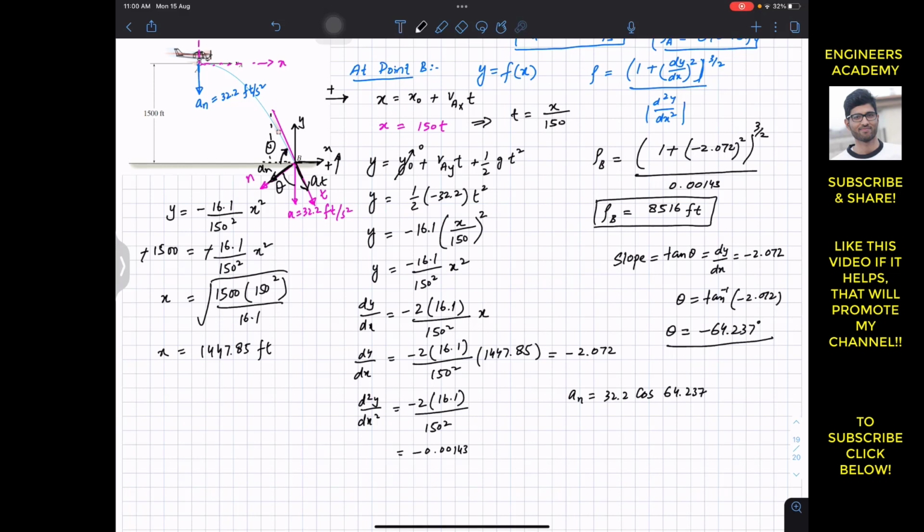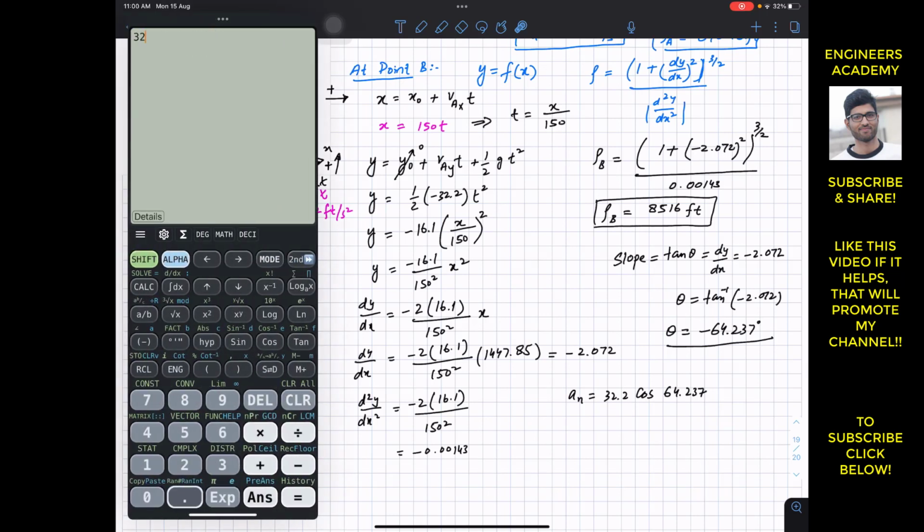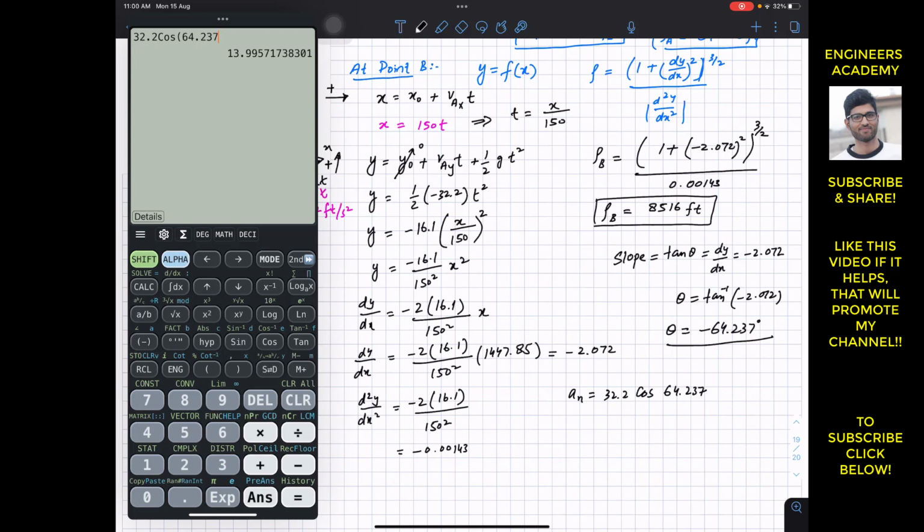64.237. Remember that the negative sign with the angles only tells us the sense of the angle, which is measured in the clockwise direction. So an is 32.2 cos of 64.237. This gives us the normal acceleration equals to 14 feet per second square approximately, and then we can say that the tangential acceleration is equal to 32.2, this will be the sine component.